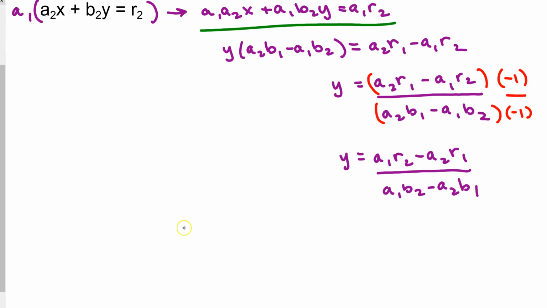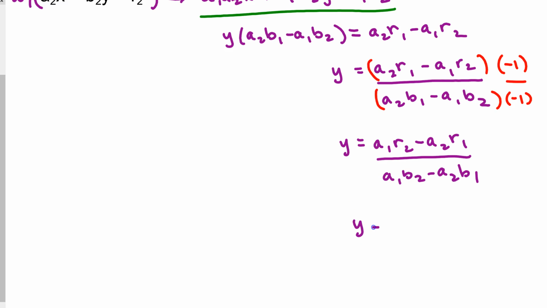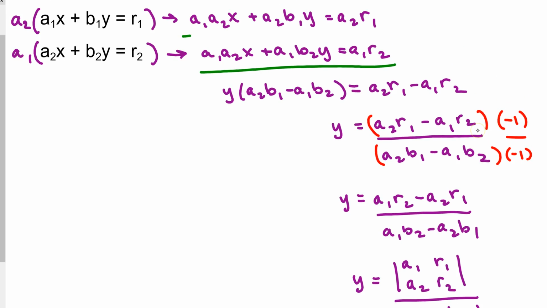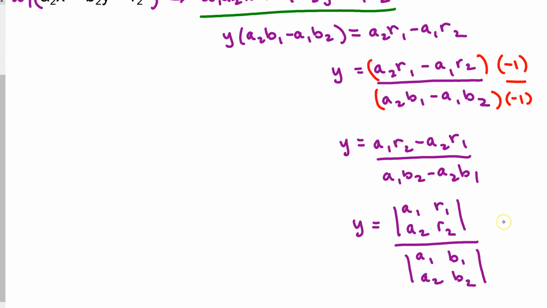And if I write that in determinant notation, the numerator is the determinant of the matrix with A1 and R2 on the main diagonal, and with A2 and R1 on the other diagonal. And then the denominator is the matrix with A1 and B2 on the main diagonal, and A2 and B1 on the other diagonal. So what you see is, to get the value of y in a 2x2 system, it actually boils down to a 2x2 determinant over a 2x2 determinant.